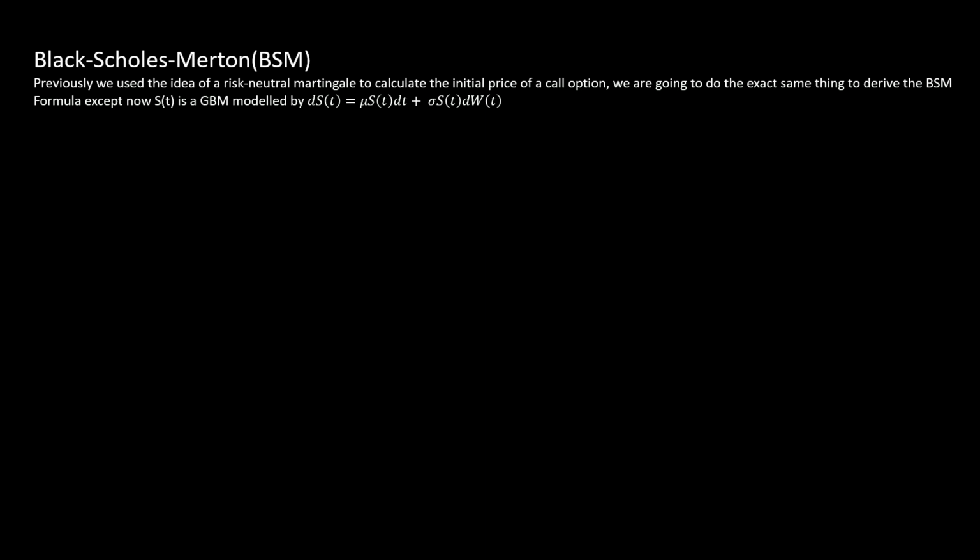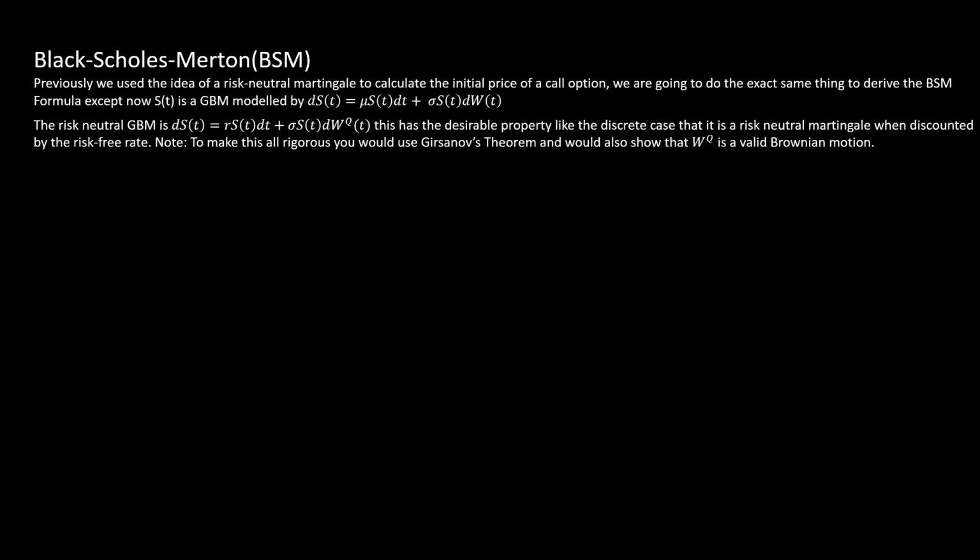What we want to do is set our mu equal to our r, because mu is the average value of our stock, basically. So we're going to set this equal to the risk-free rate, and then on average, just like the binomial case, the risk-neutral expectation will be equal to the initial stock price times e to the rt.